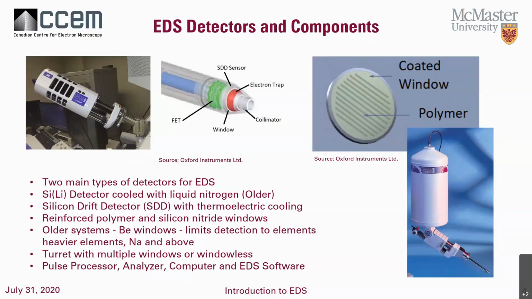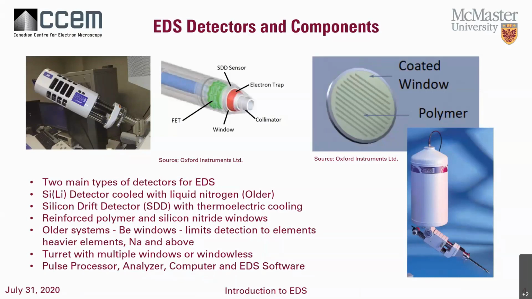There are also versions of detectors that have turrets on them, which allow you to switch between windowless and having a thin window. There also are detectors that are strictly windowless, which don't have anything between the vacuum of the microscope and the sensor itself.